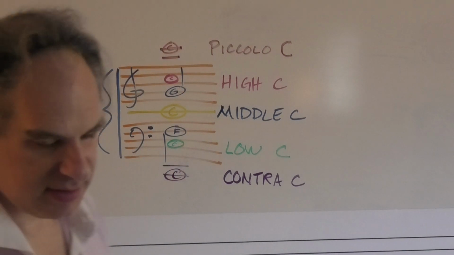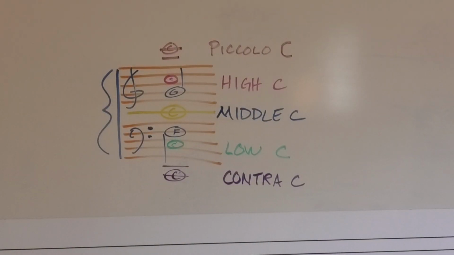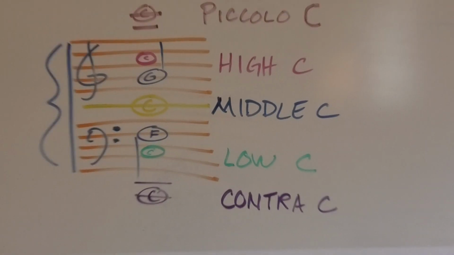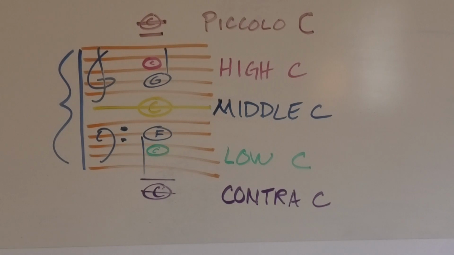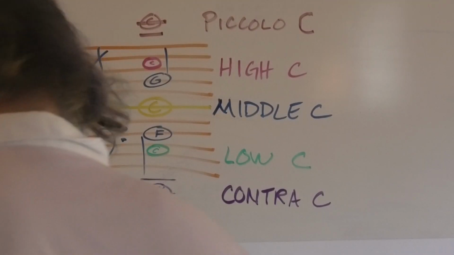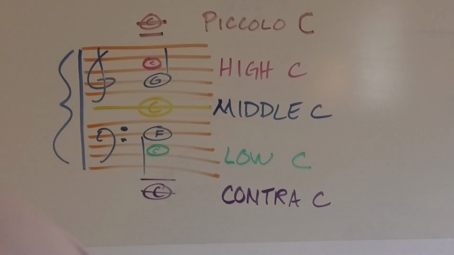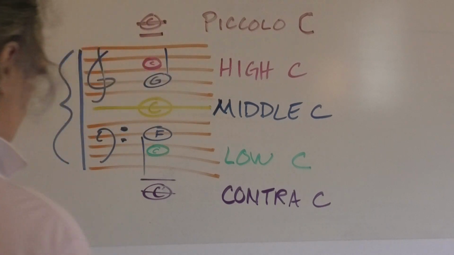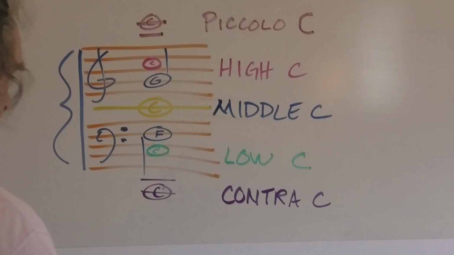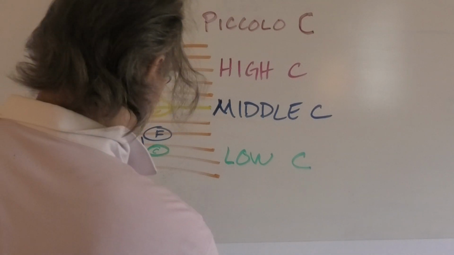Any questions? So when you look at and actually read sheet music, it doesn't matter whether it's for piano or guitar, you're looking at the notes, you just need to know what the notes are. Doesn't matter. It's all the same.